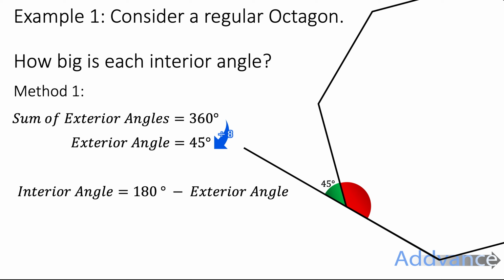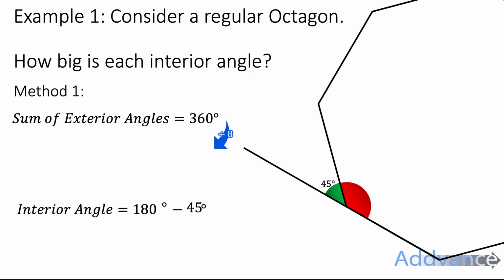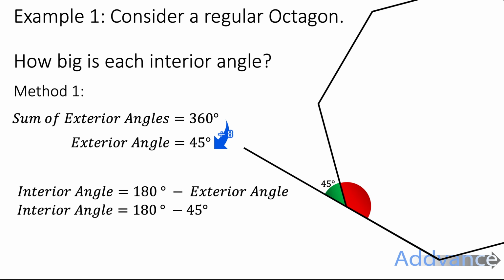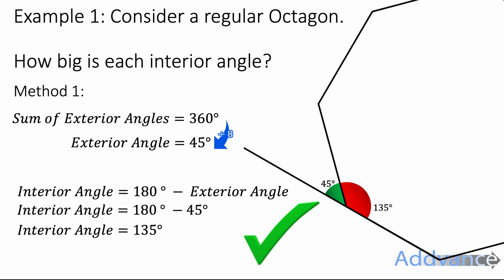To get the interior angles, we know that the interior and exterior add to make 180, so we can just subtract the exterior from 180. So 180 minus 45 is 135 degrees, and the answer is 135.